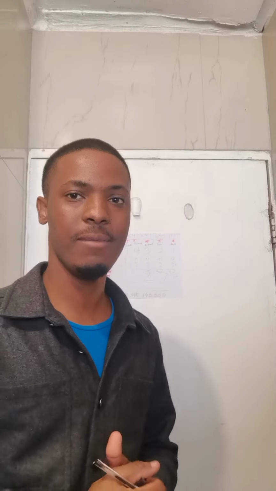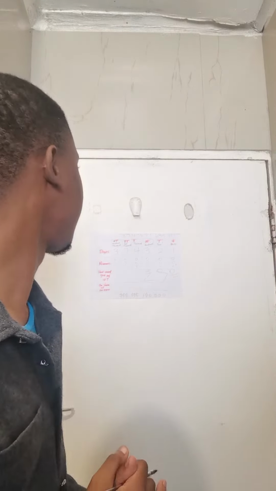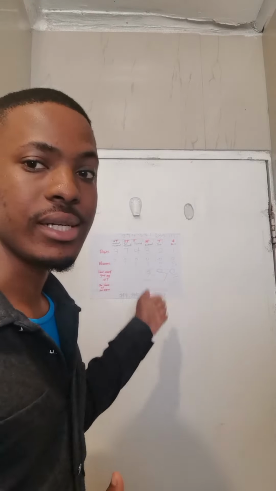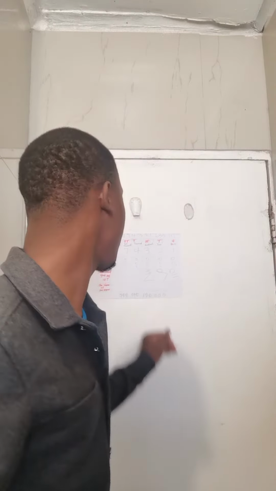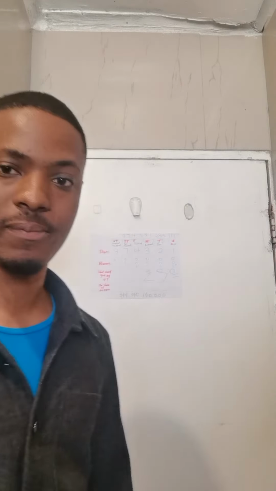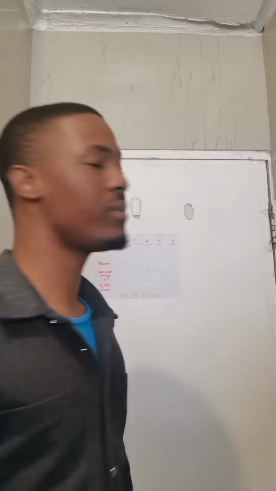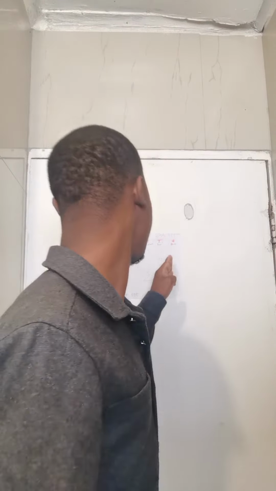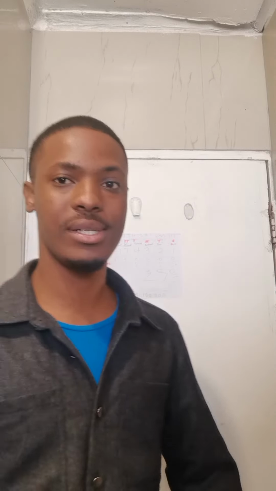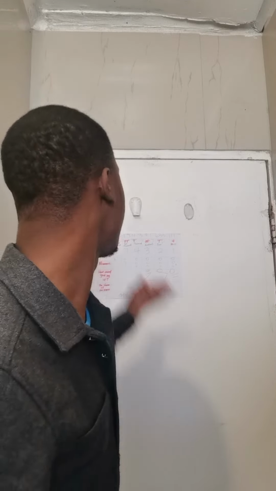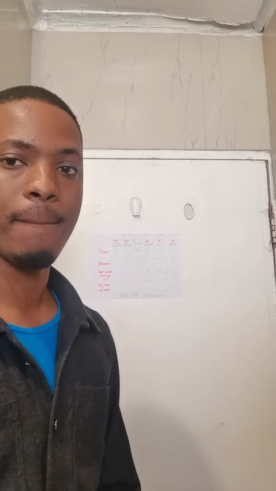Right. Let's see. Where does the first 6 belong? Does it belong to units, or the thousands, or the 100,000, or the 100, or the tens? Where does 6 belong? Excellent. It belongs on the 100,000.